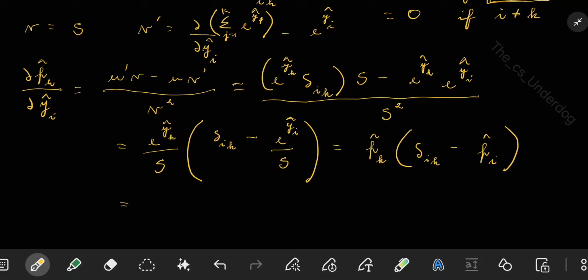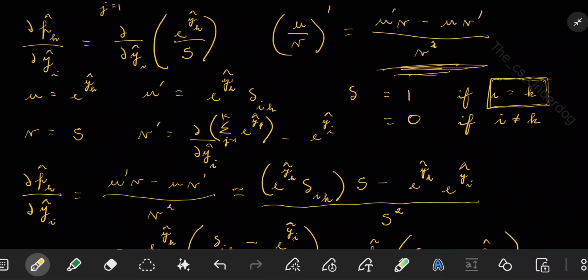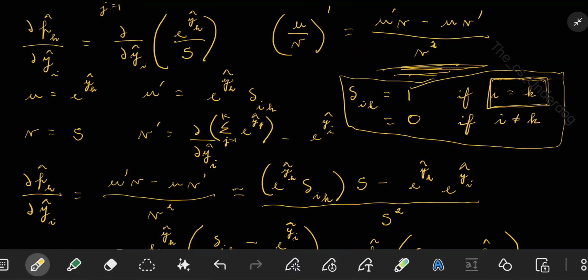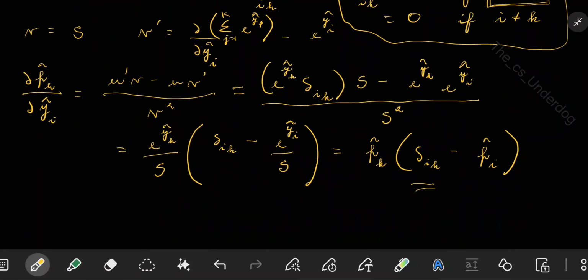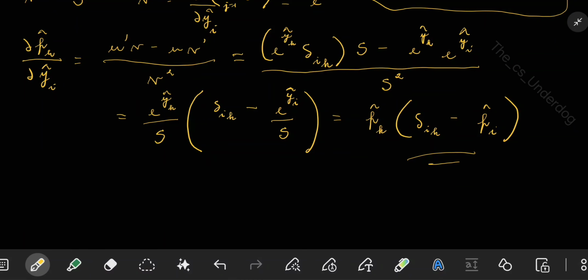And what is another way of writing this? So here the only ambiguous term is this del ik, and I already told you that del ik is going to take value 1 whenever i is equal to k, and it is going to take value 0 whenever i is not equal to k. So this particular thing you can actually split into two parts.